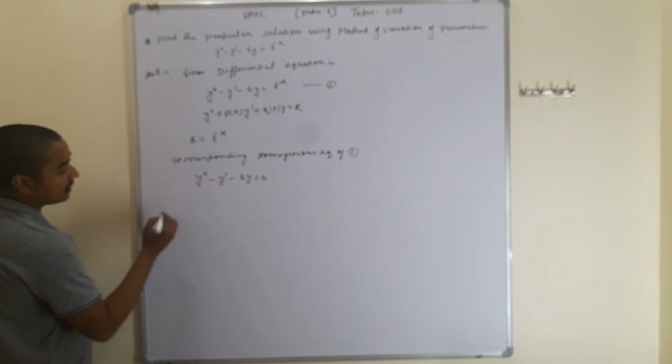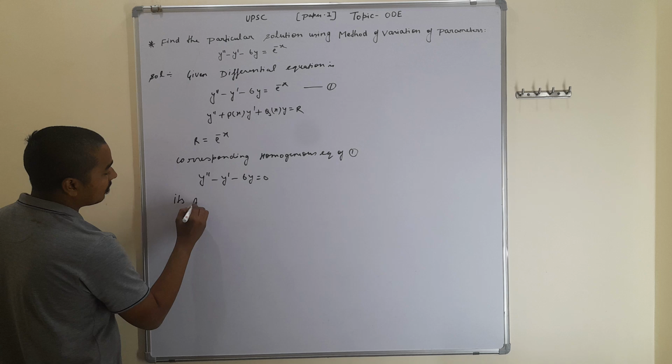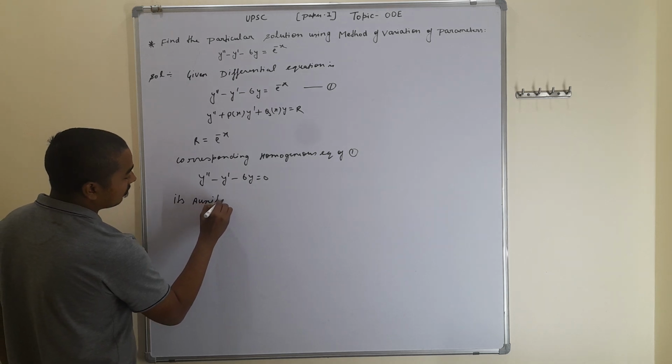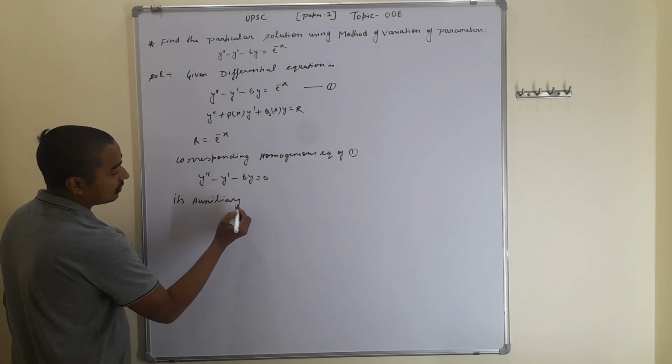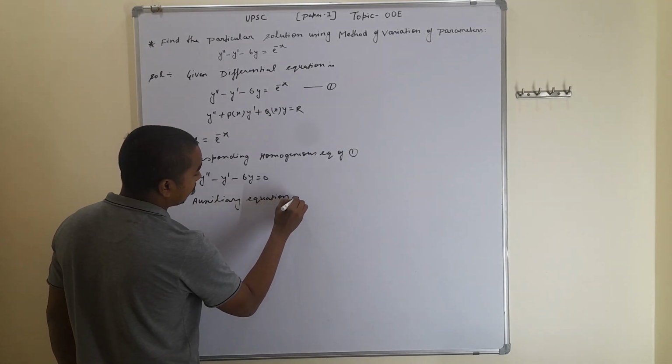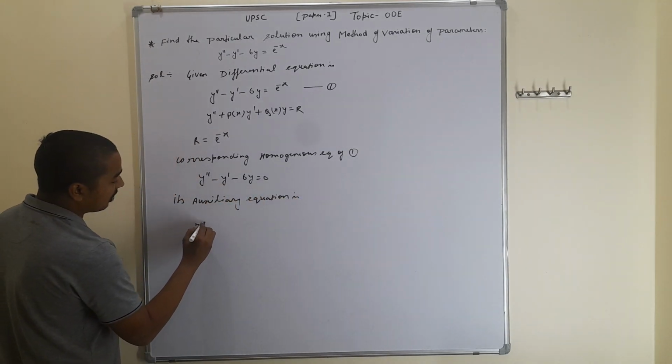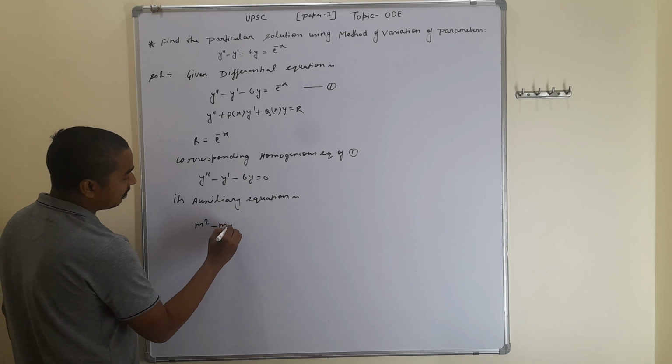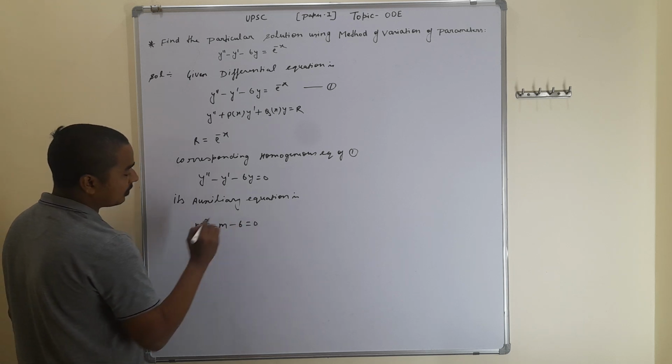Its auxiliary equation is m square minus m minus 6 is equal to 0.